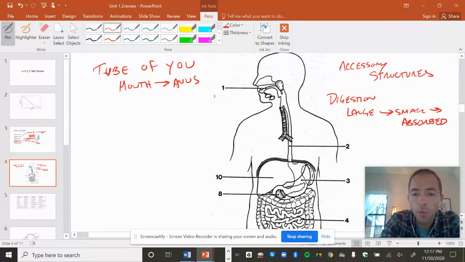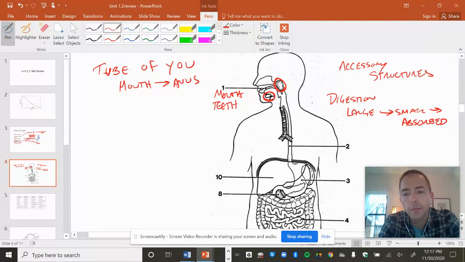So up here at number 1, where the mouth is, you have teeth that can help do some of the grinding and increase the surface area of your food. But you also have an accessory structure right here, which is a salivary gland. You have 3 different pairs of salivary glands, and they're all going to dump in this solution called saliva.